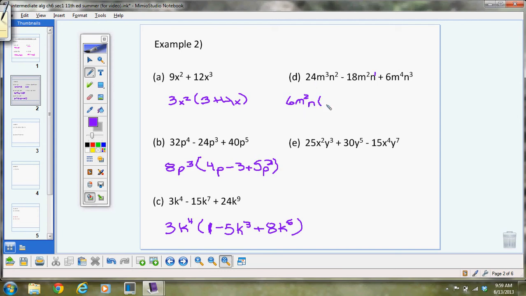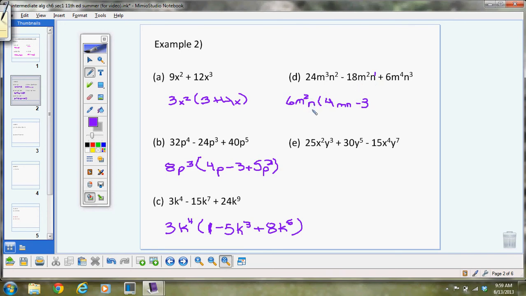24 divided by 6 gives me 4. I have 3 m's. I took out 2, so I'm left with 1 m. I have 2 n's. I took out 1, so I'm left with 1 n. Negative 18 divided by 6 is negative 3. I have 2 m's. I took them both out. I have 1 n.